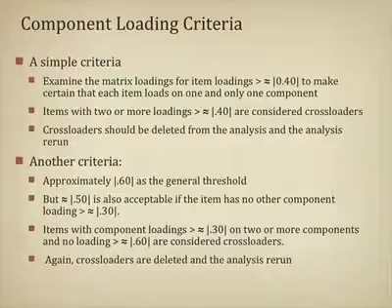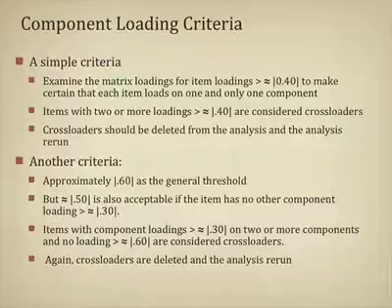Items with 2 or more loadings greater than absolute 0.4 are considered cross-loaders, and you'll have to delete those from the analysis and then rerun the analysis. Hopefully you won't have too many of those at this stage if you sort of follow the steps and eliminated variables with low communalities and eliminated variables with low MSA measures of sampling adequacy indicators.